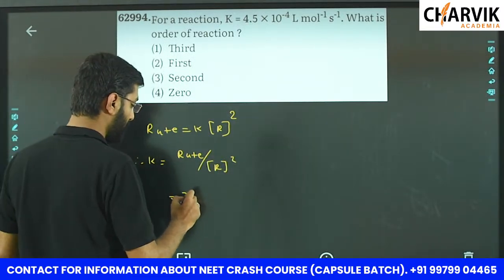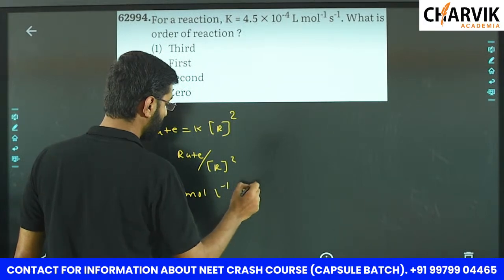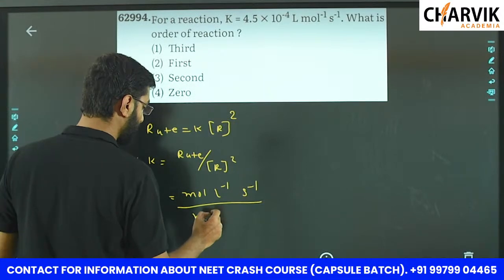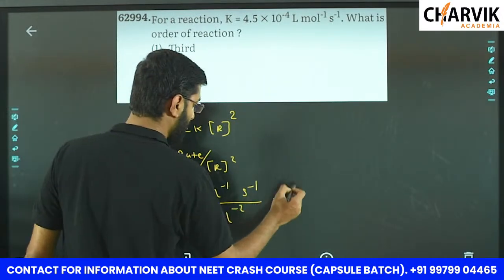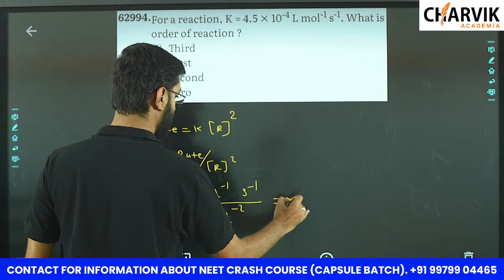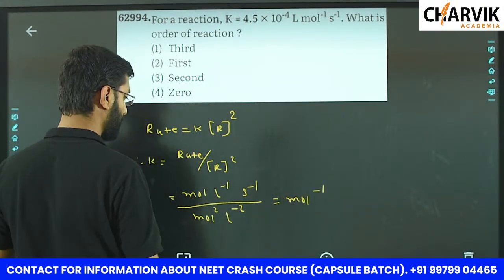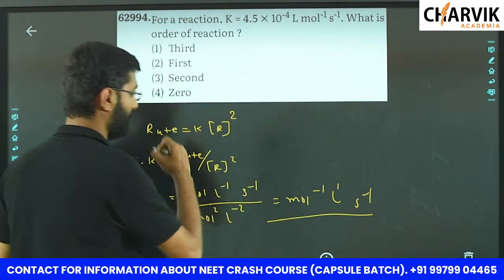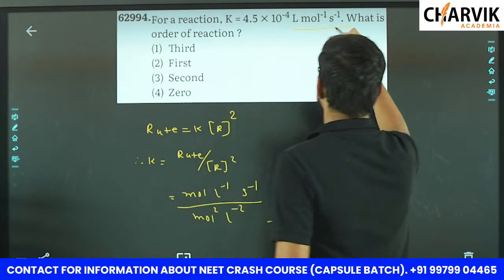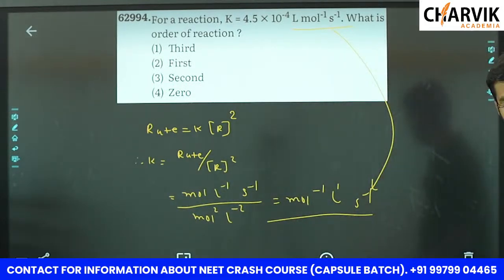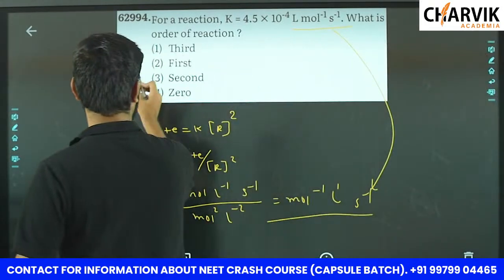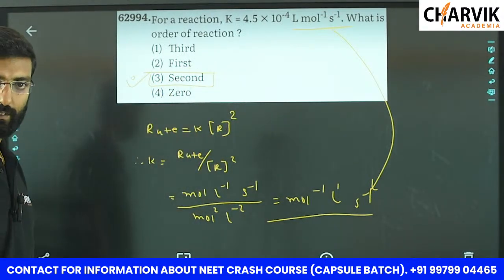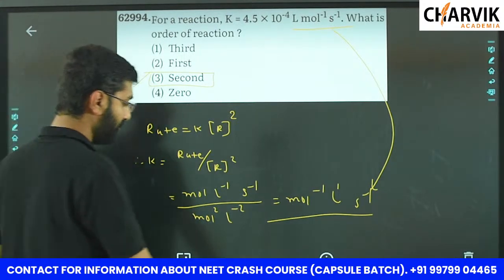Unit of rate is mole liter inverse second inverse, upon unit of concentration squared, mole square liter minus 2, and you finally get mole minus 1 liter plus 1 second inverse. It matches, so your correct option is the third, second order. Clear? Okay, move to next question.